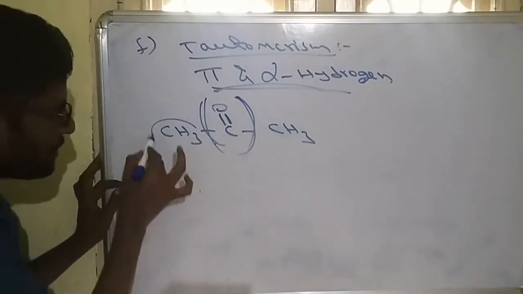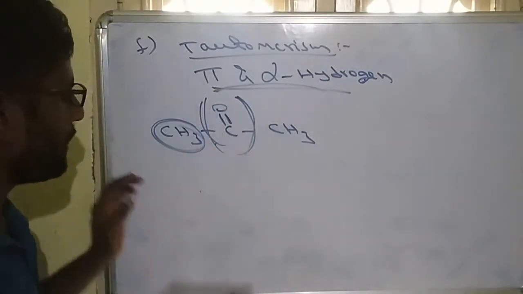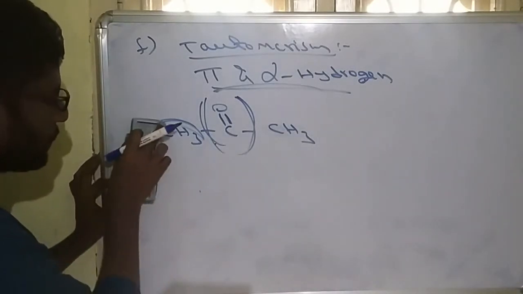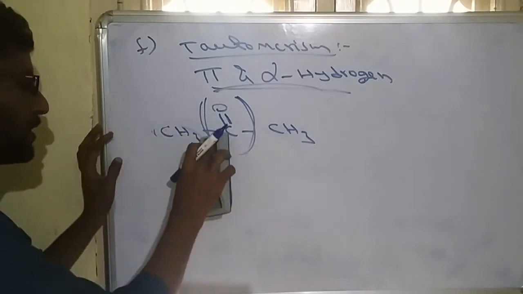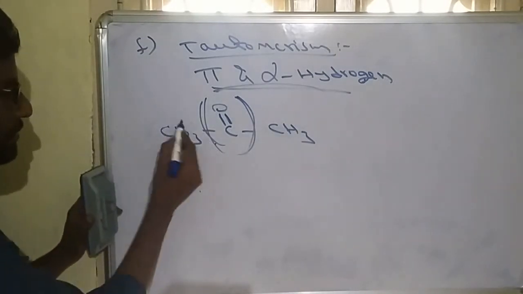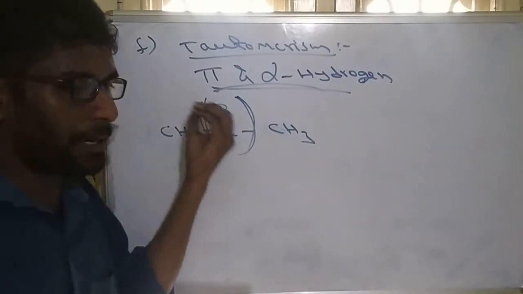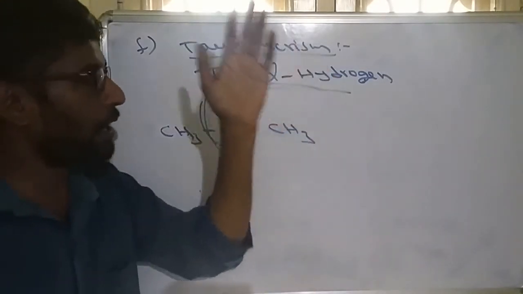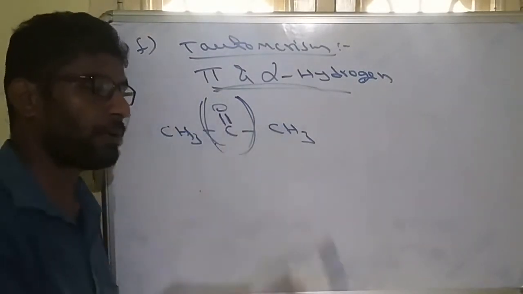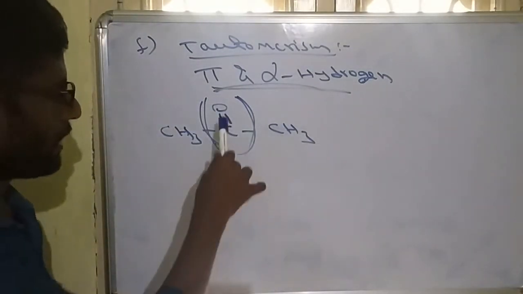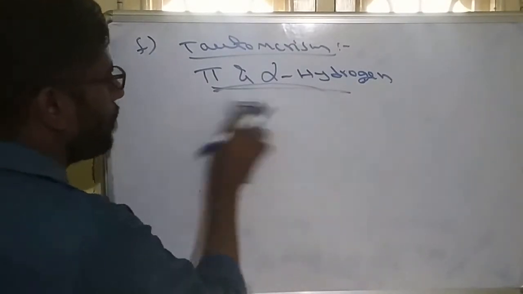The carbon adjacent to the functional group is called the alpha carbon. Not the functional group carbon, the functional group's adjacent carbon is called the alpha carbon. So this is an alpha carbon, and this is also an alpha carbon. If the alpha carbon contains hydrogen, those are called alpha hydrogens. So here three hydrogens are there, alpha hydrogens, and three hydrogens are there, alpha hydrogens. So it has a pi bond and also alpha hydrogen. So this molecule will show tautomerism.